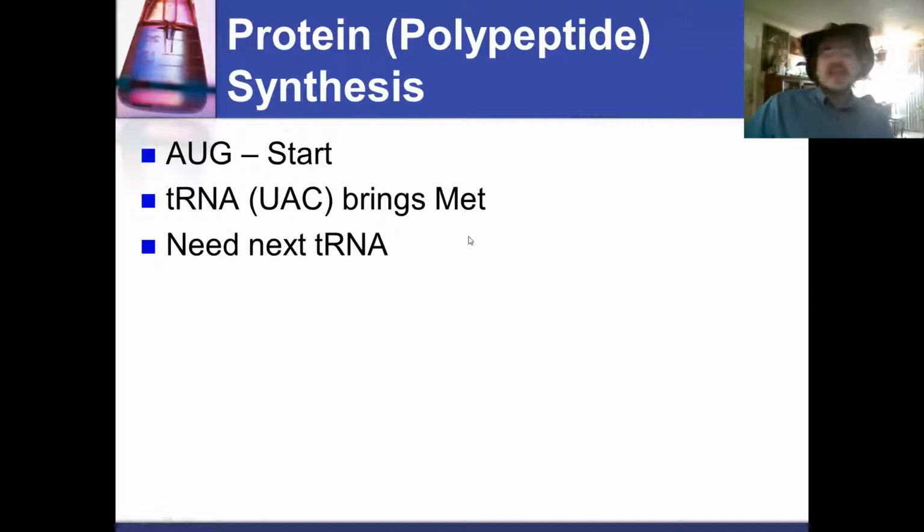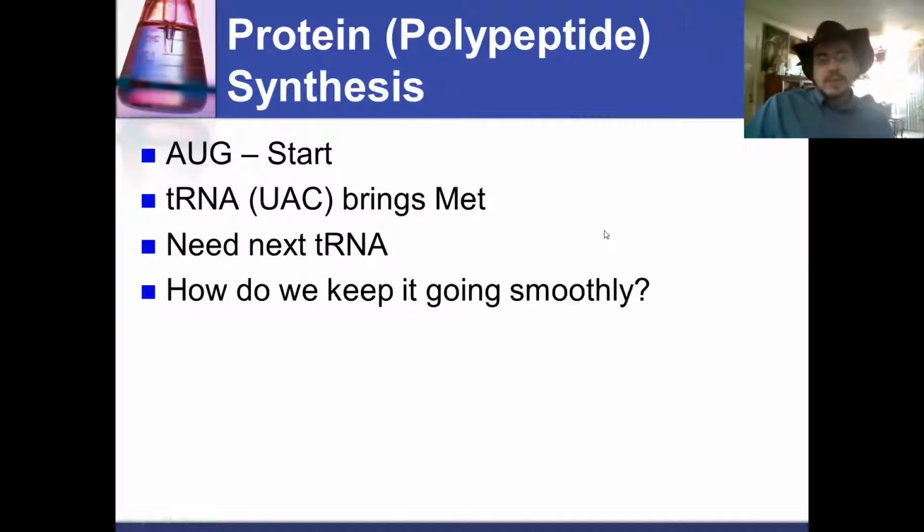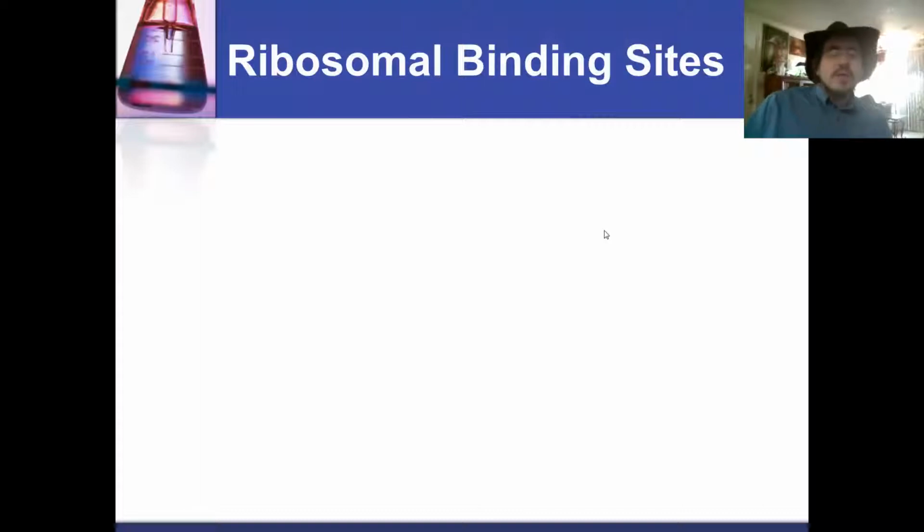Now we need the next tRNA. Well, how do we keep it all going smoothly? We're at the ribosome, and it is the ribosome's job to keep things going. So the ribosome has binding sites for tRNA. It has 3 binding sites. The first we call the A site.